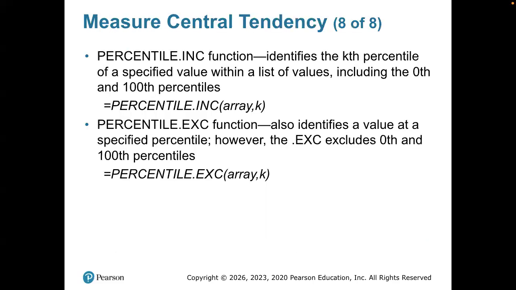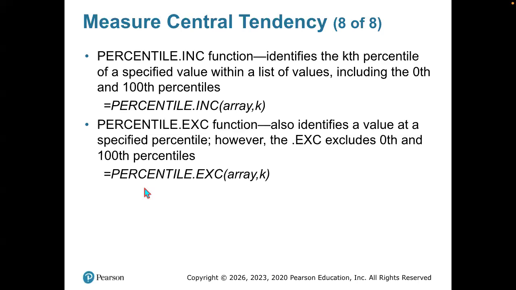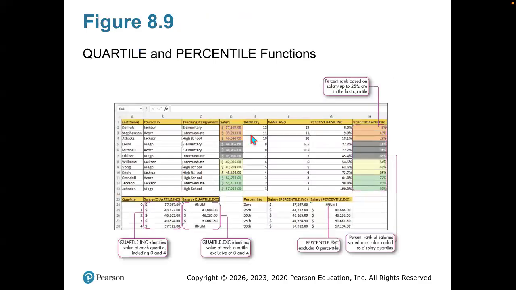Okay. You can also do this with percentiles. We know that quartile 1 is the 25th percentile, quartile 2 is the 50th, and quartile 3 is the 75th. If I want it in percentiles, I just switch from quartile.inc or .exc to percentile. So maybe instead of having just the value itself, I want a percentage.